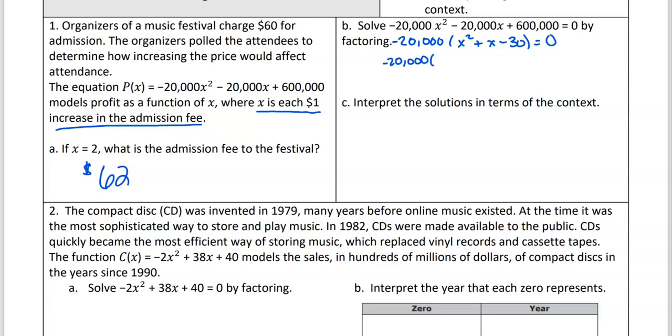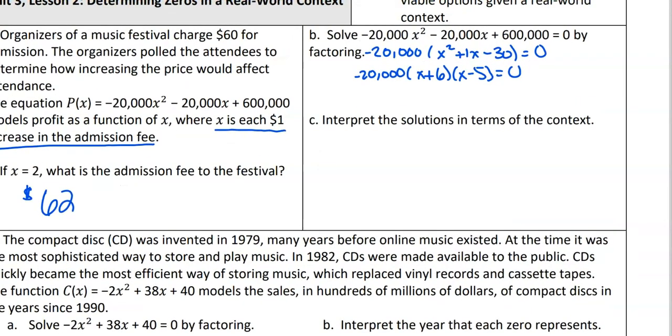So what multiplies to give me negative 30 but adds to give me a positive 1? Positive 6 and negative 5. So what are the solutions going to be? X equals negative 6, and over here X equals positive 5.